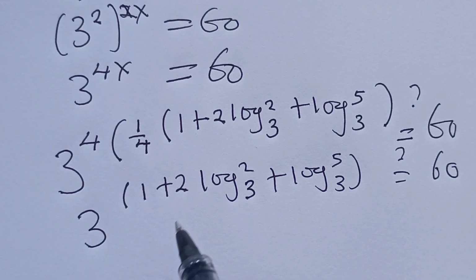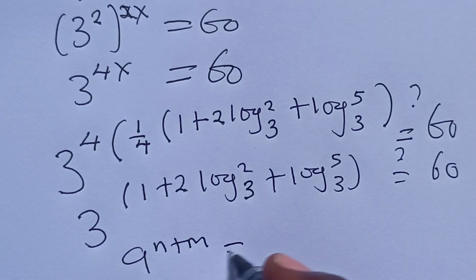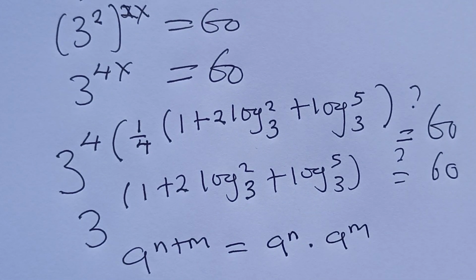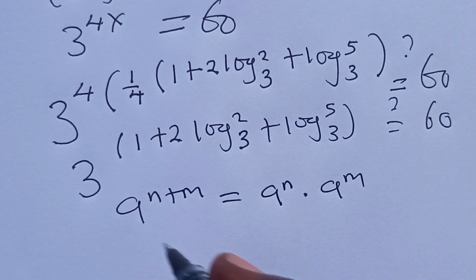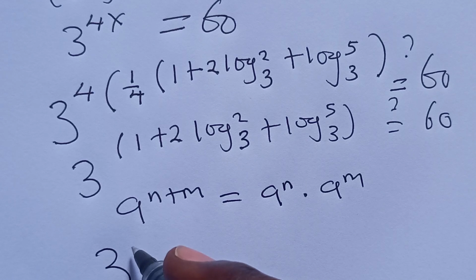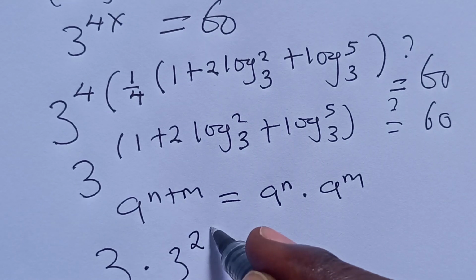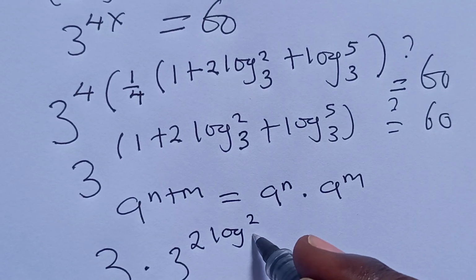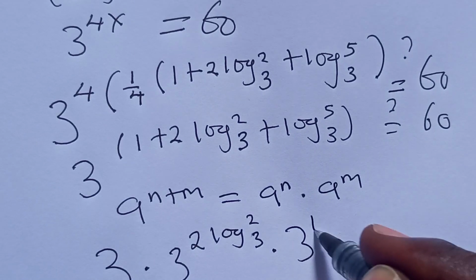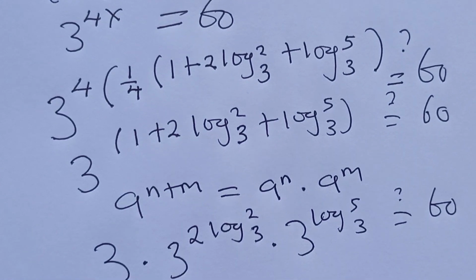You know that when we have a to the power of n plus m, it is the same thing as a to the power of n times a to the power of m. So let's simplify this by writing 3 to the power of 1, which is 3, times 3 to the power of 2 log_3 2, times 3 to the power of log_3 5.